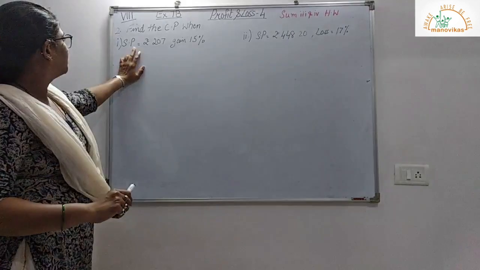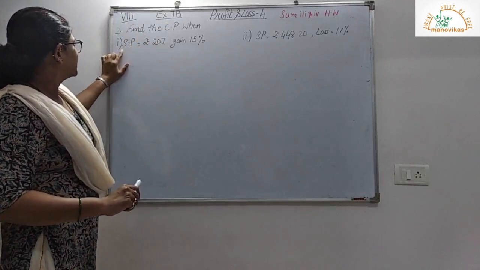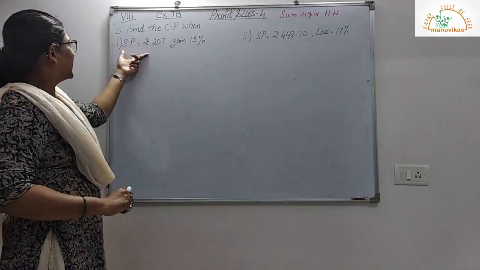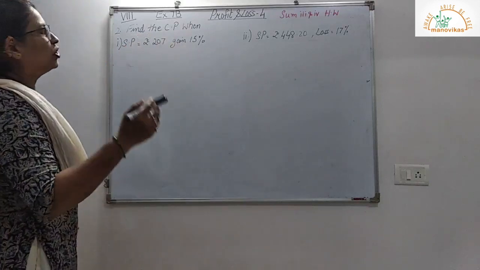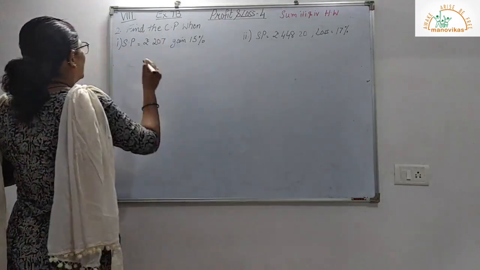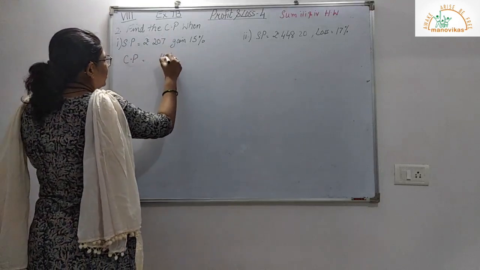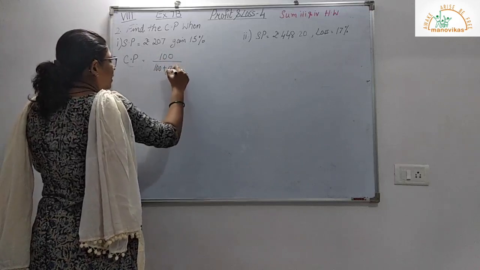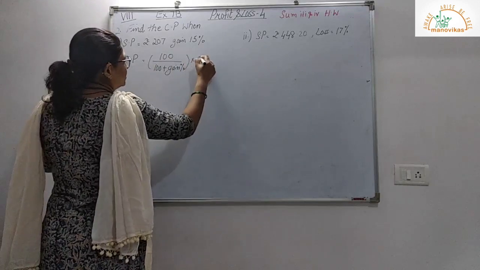Now we move on to sub question number 2, exercise 7b. Here the first sum, we have to find the cost price when the selling price and the gain percent is given. So far we have found out the selling price. Now here we find out the cost price. So cost price is given by the formula 100 divided by 100 plus gain percent into selling price.